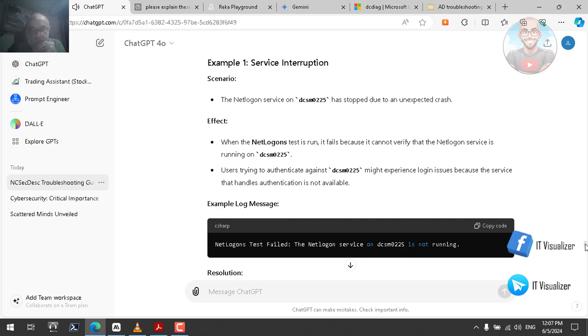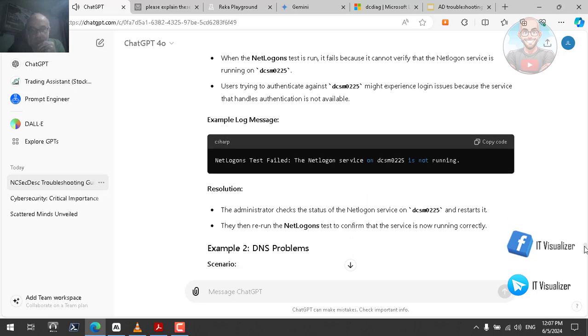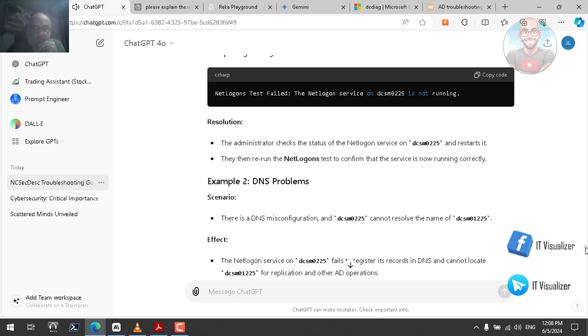Example log message. Netlogons test failed. The Netlogon service on DCSM0225 is not running. Resolution. The administrator checks the status of the Netlogon service on DCSM0225 and restarts it. They then rerun the Netlogons test to confirm that the service is now running correctly.